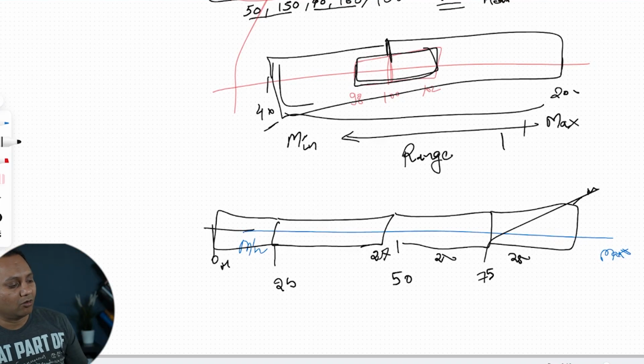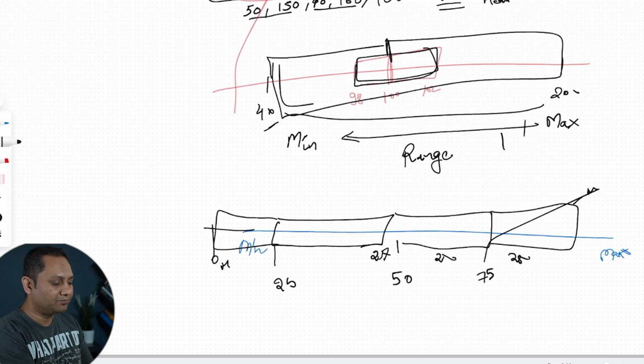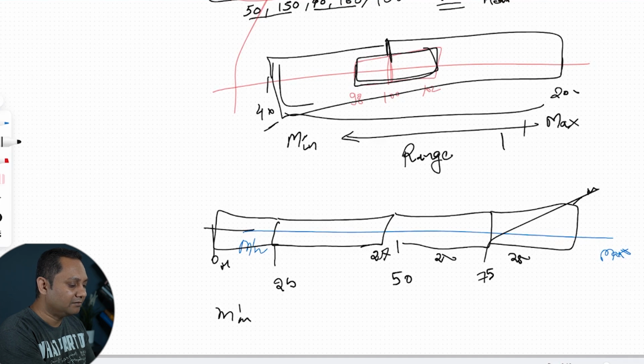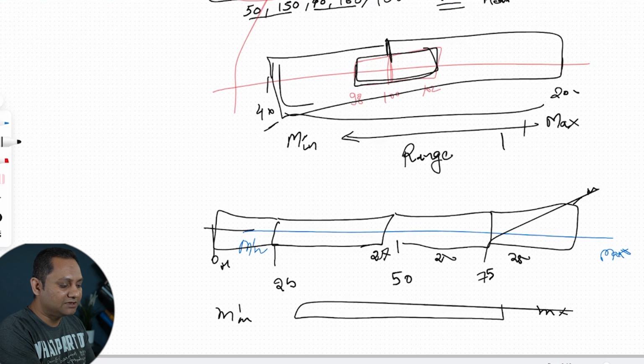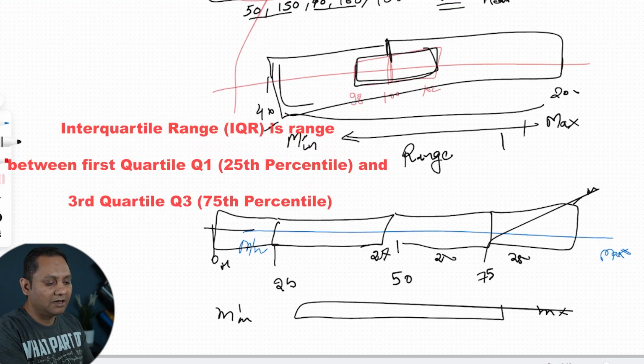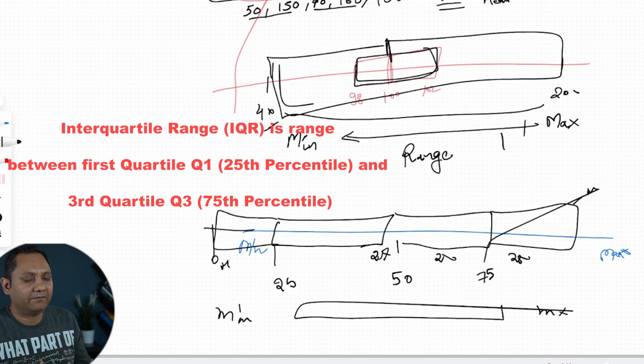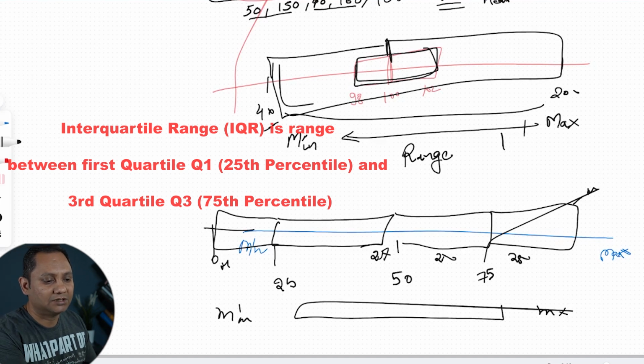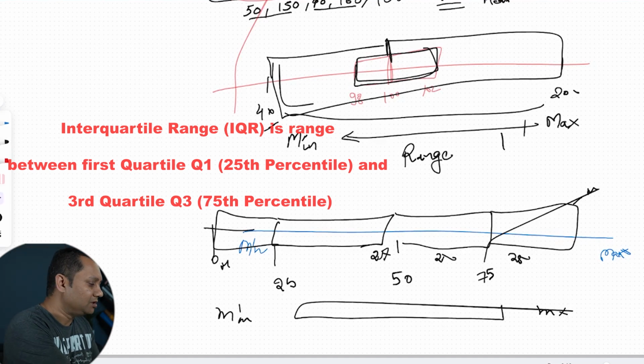So if I can tell you now three numbers: min, max, and what is the difference between the second and the third range, between the second and third, then I have more information about my spread, and this is called interquartile range.